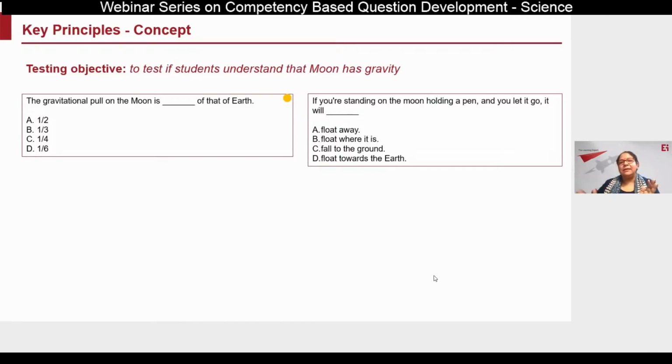For me to check that, I'll need to design something different, and that's something that's given on the right side. So automatically the questions which check for memory or rote learning, even while you are the creator of those questions, you will start rejecting if you have a clear testing objective in front of you.